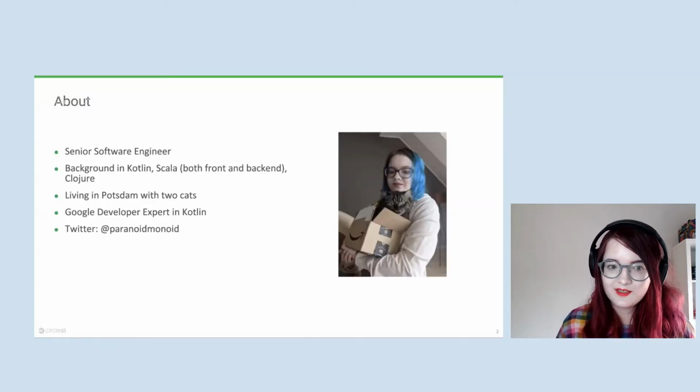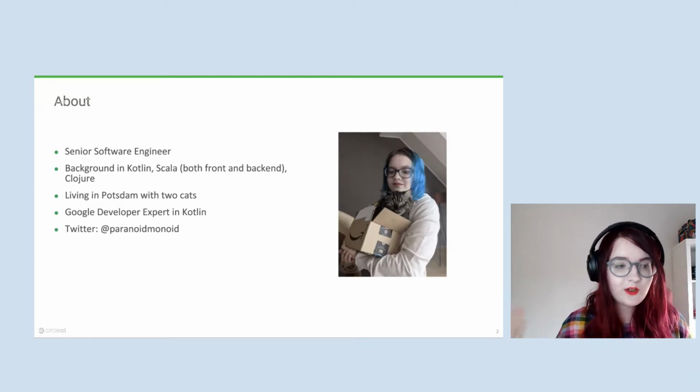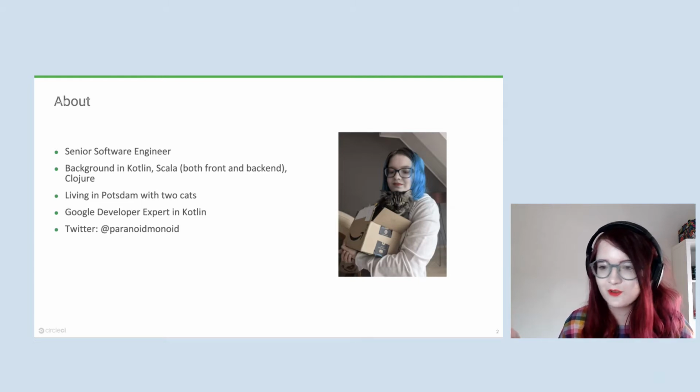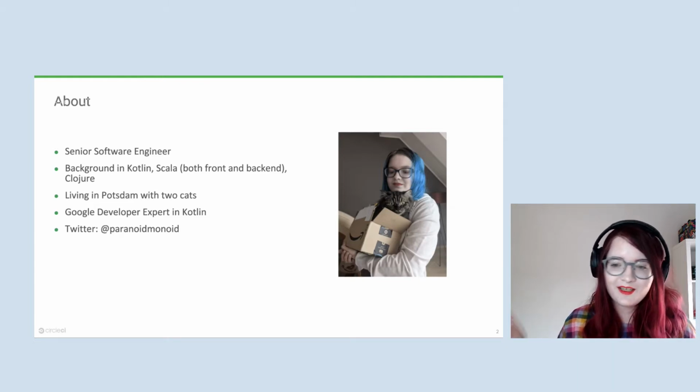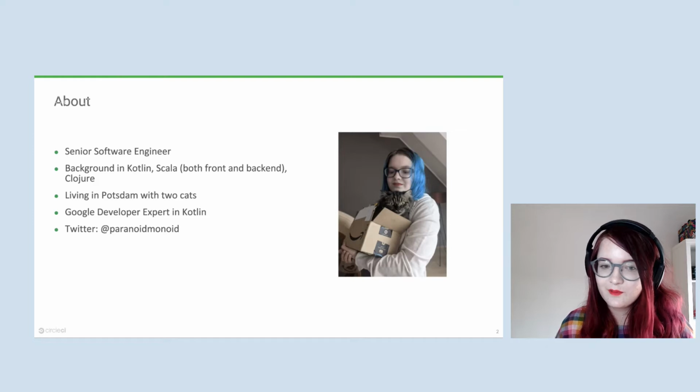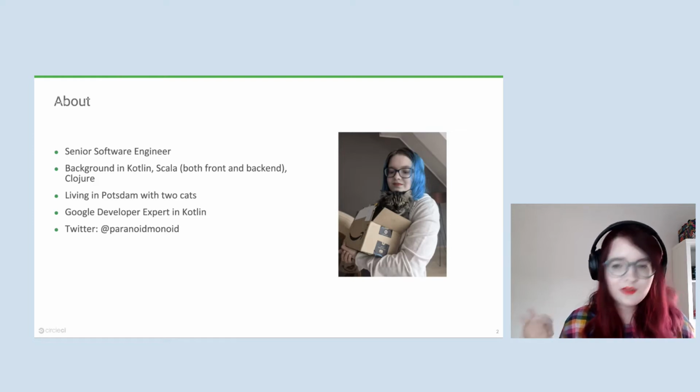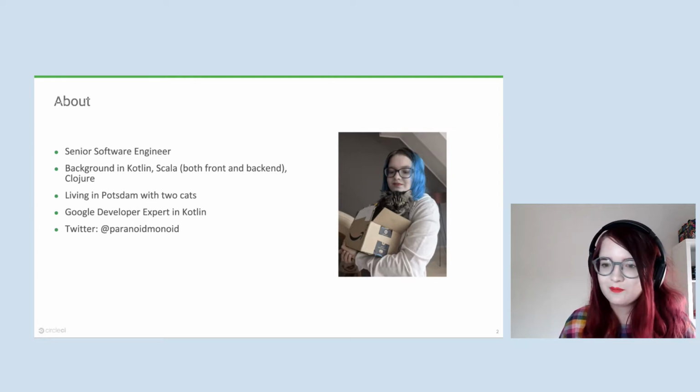A bit about myself. I'm a senior software engineer working at Circle.ci, but at Circle.ci, we don't use Kotlin. We're doing Clojure and Golang here. But back in the day, I used to be a Kotlin developer and also have a background in Scala, also on frontend, for Scala.js. I'm living in Potsdam in Germany with 2 cats.